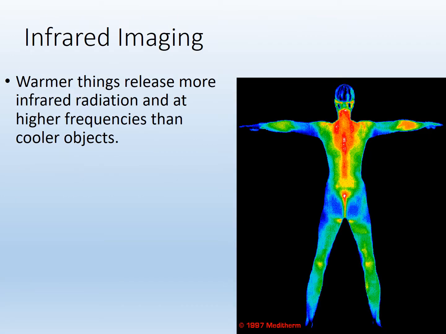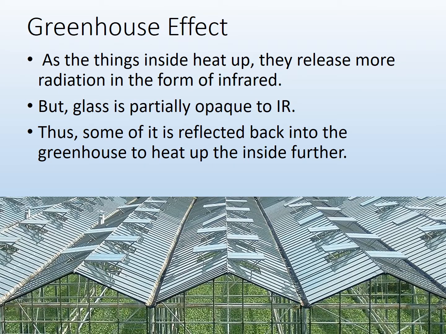Now, infrared radiation is really important because it's the source of energy that tends to heat things up. And the warmer things are, the more of this infrared radiation they're going to release. One of the things that keeps the planet warm is something known as the greenhouse effect.